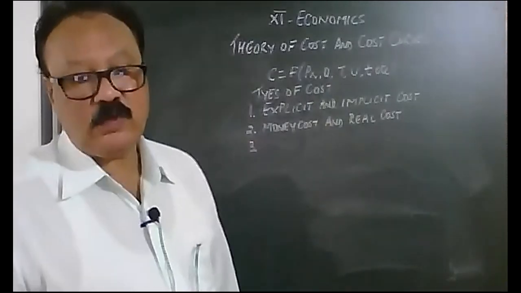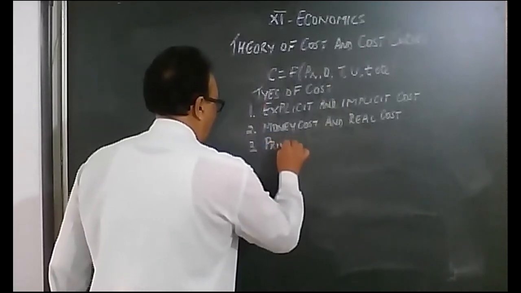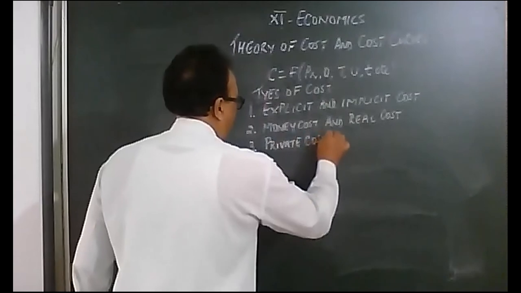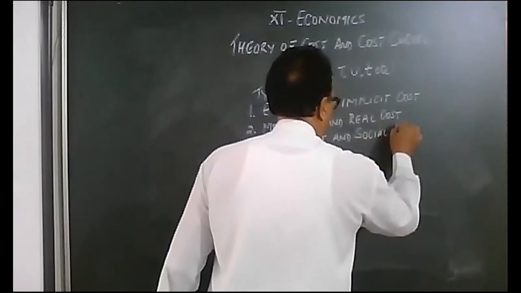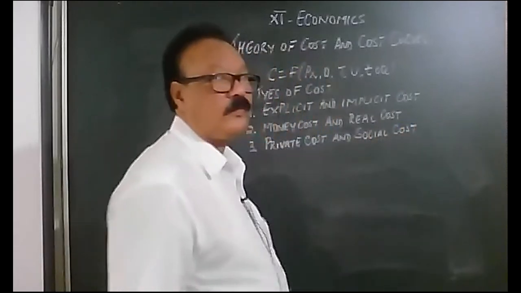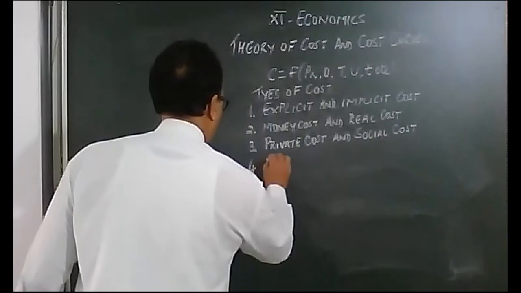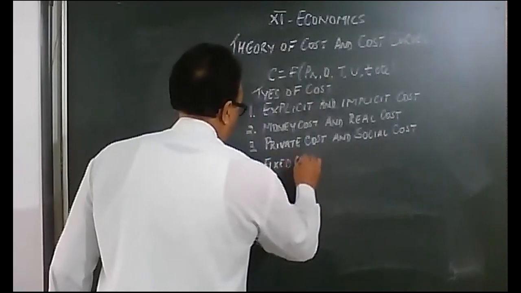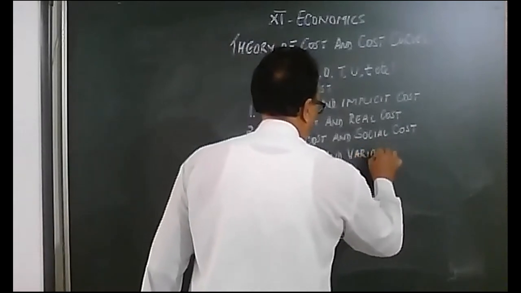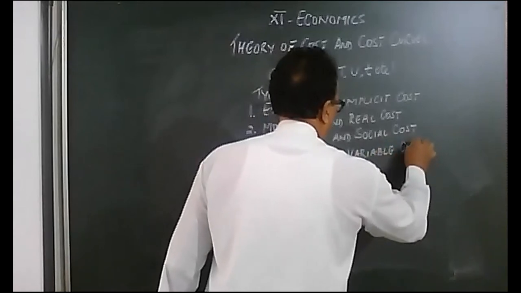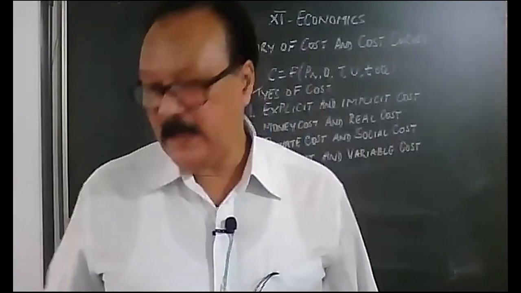The third type of cost would be private cost and social cost. Fourth will be fixed cost and variable cost. These are the four kinds of cost, and we will do them in detail just now.